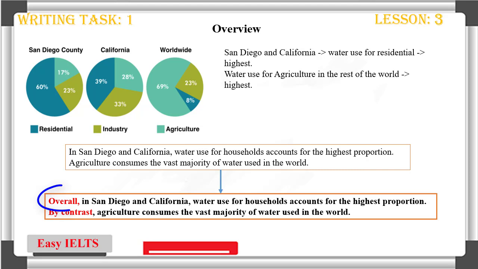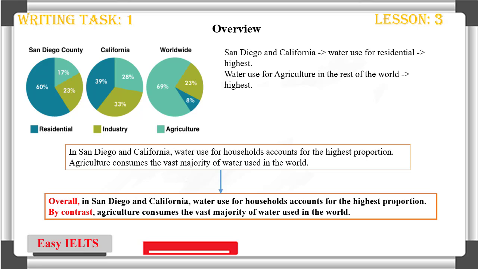As previously, I used the word overall to start it off. By doing so, I clearly indicate the overview in the finished text. Now I also used by contrast for the second sentence. In this case, it is used to indicate the vast difference in water use between San Diego County and California and the world.